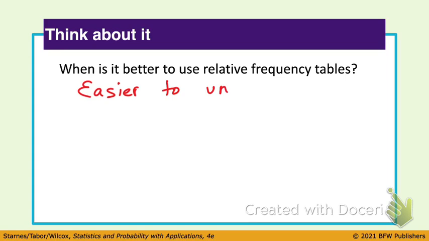Easier to understand. Okay. Why would it be better to know that 52.5% said they wanted to be happy as opposed to 21 said they wanted to be happy? How many people are asking?